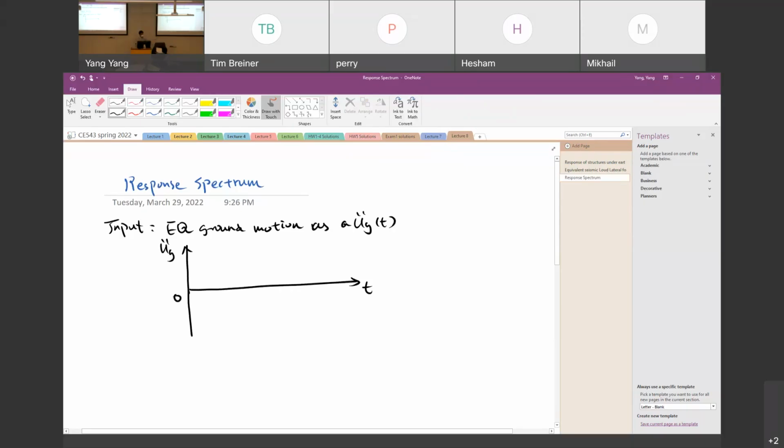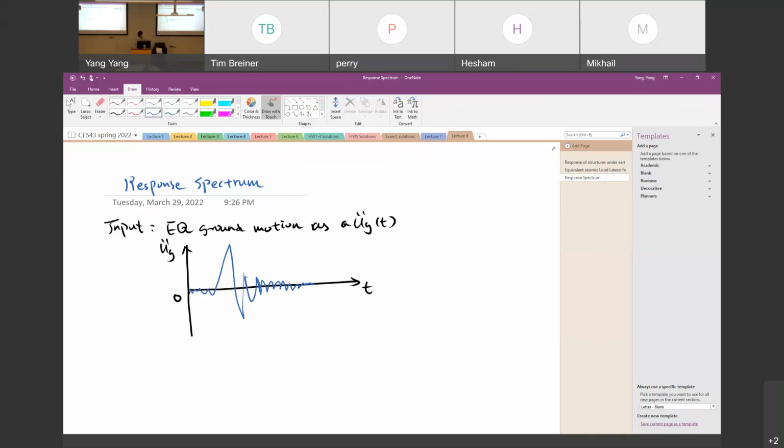For one earthquake record, for example, this is the recorded earthquake. An earthquake usually starts from a small acceleration, goes to the peak in two opposite directions, and then fades away. A typical earthquake. So this is the input.